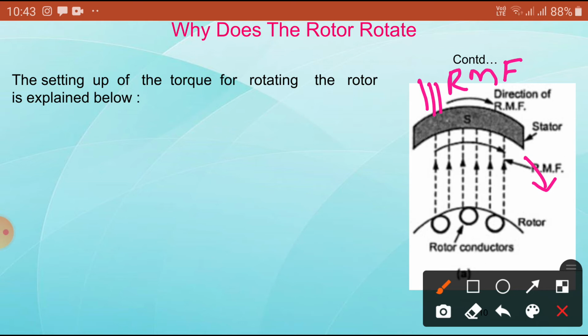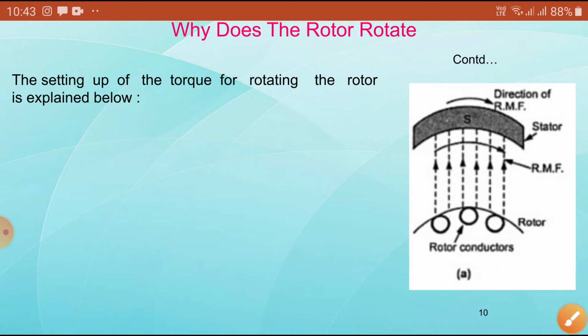So the flux due to this RMF in the air gap is in this direction. Let us assume the relative motion of the rotor with respect to the stator is in the anti-clockwise direction.